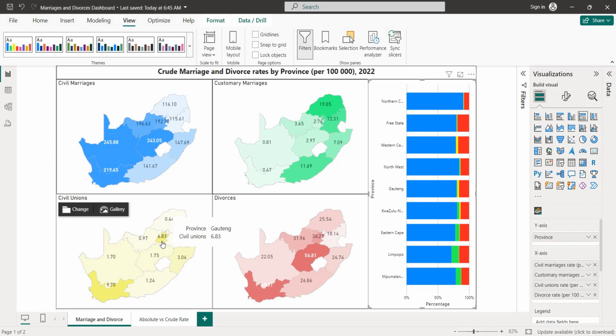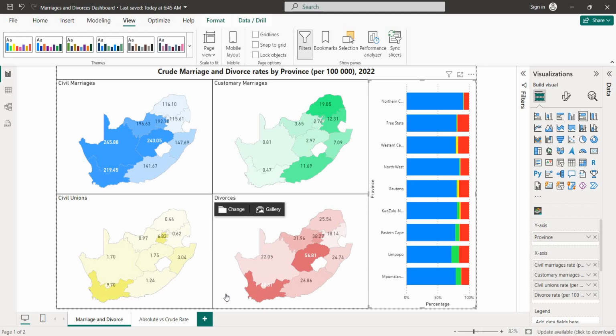Again, noting that the civil unions and customary marriages rates are more like a mirror of each other, with provinces with high customary marriages having low civil unions and the other way around.